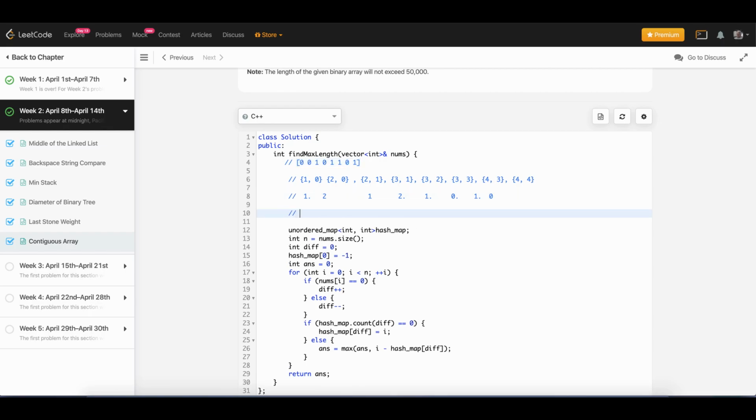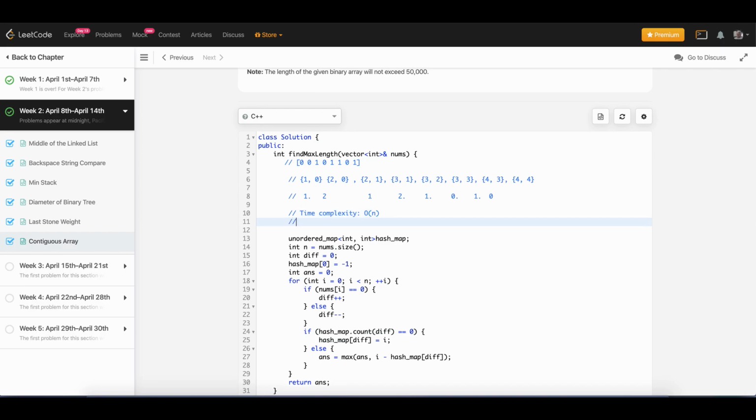So yes, let's define the time and space complexity. The time complexity for this problem is big O of n, and the space complexity is also big O of n.